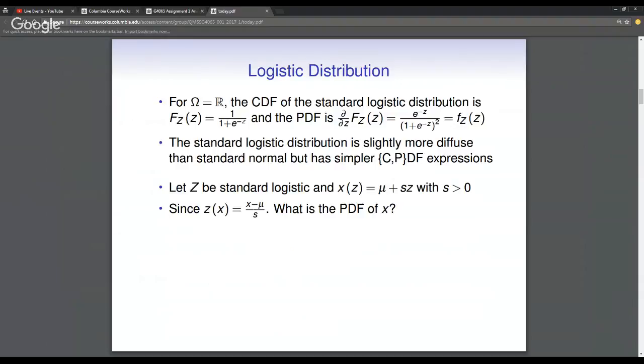So if you started with x, you could apply this expression, and now you would have z. And so if z is standard logistic, how would we go about getting the PDF for the random variable x?